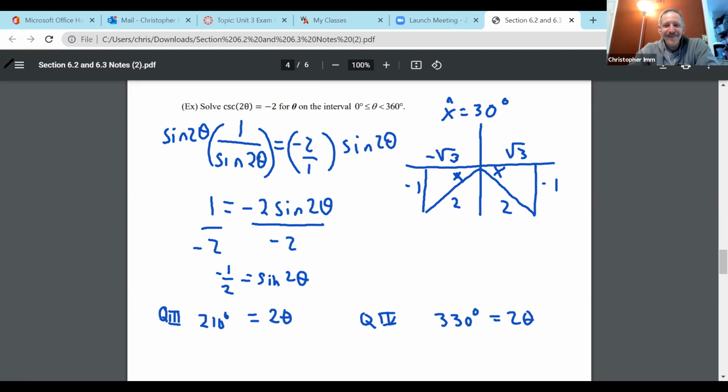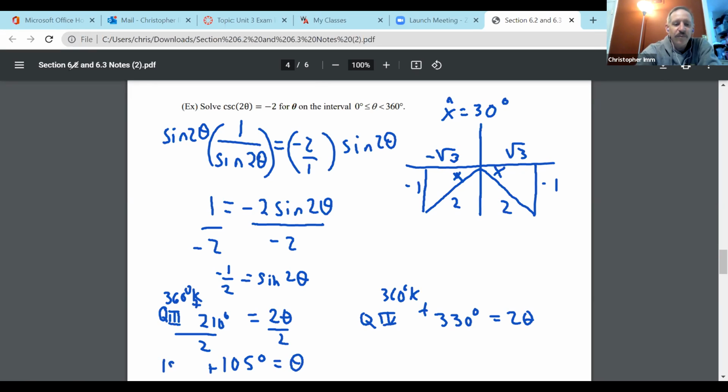So we found those 2 angles for just plain x, right? But now we have 2 times that. So what we want to do is add on the period, 360 times k. And then finally, we want to divide by 2 to find that actual angle. So I'm going to divide both sides by 2. Okay, so I see where you got that 105. Theta is going to be 105 plus 360 divided by 2, which is 180k.